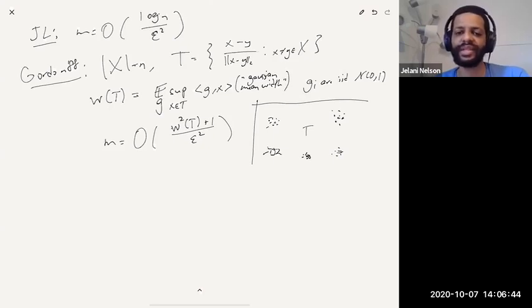It's not exactly that, but anyway, the easier case is when T is clustered. The harder case is when T has a bunch of orthogonal vectors.